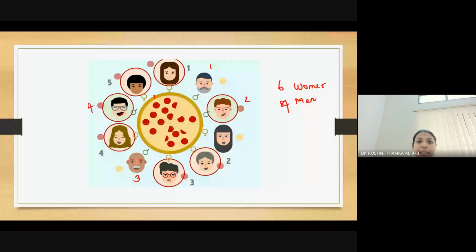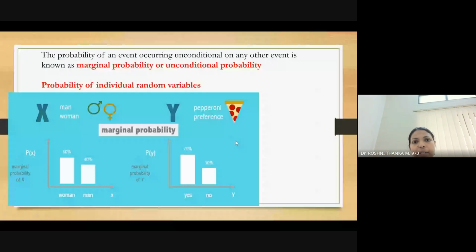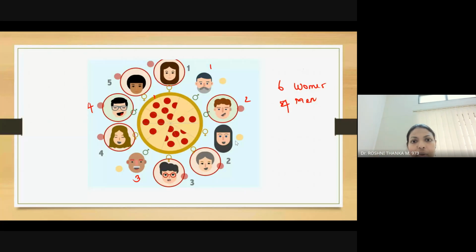They all like pizza, but when they have pizza, there is a separation. 3 people don't like pepperoni, which is something that's spread on the pizza. So out of these 10 people, 3 of them don't like the pepperoni on the pizza.